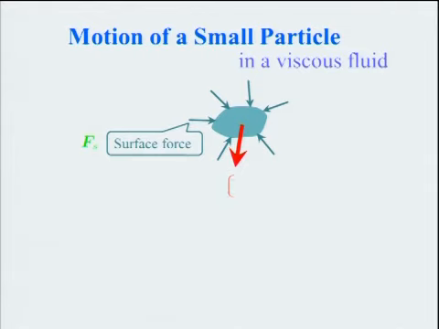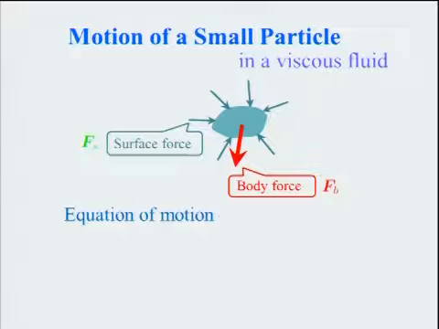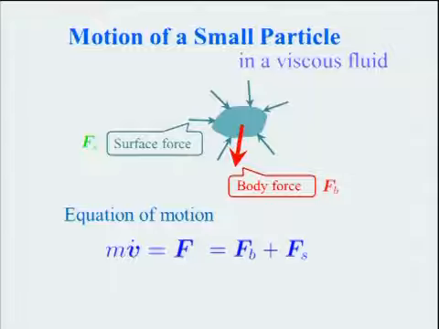The other one is body force, like gravity or magnetic force. And the equation of motion is Newton's second law. M is the mass of this particle, V is the velocity. And the force F is the sum of these two parts.